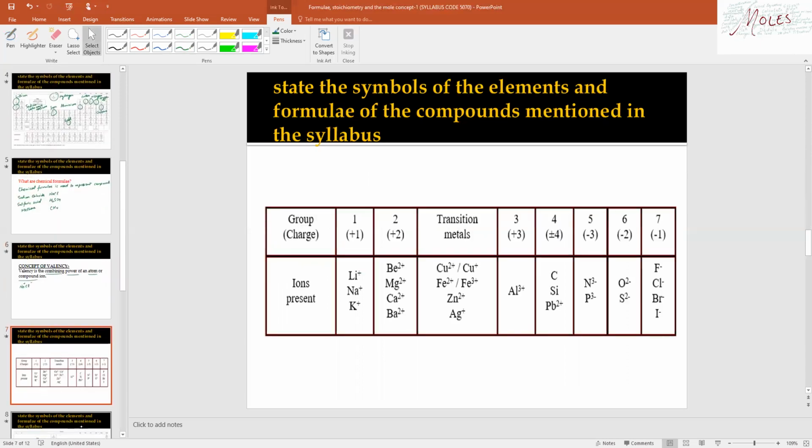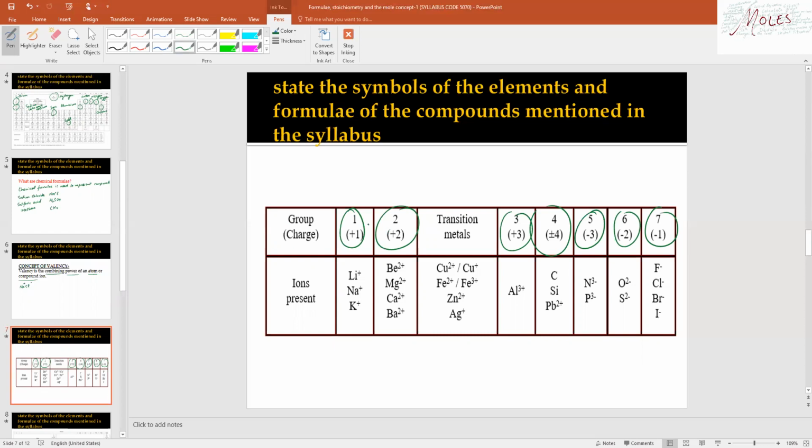Now look at this table. The group number helps in predicting the charges on the ion. These are the group numbers, and they are written along with their valency. For metals, valency will be equal to their group number.